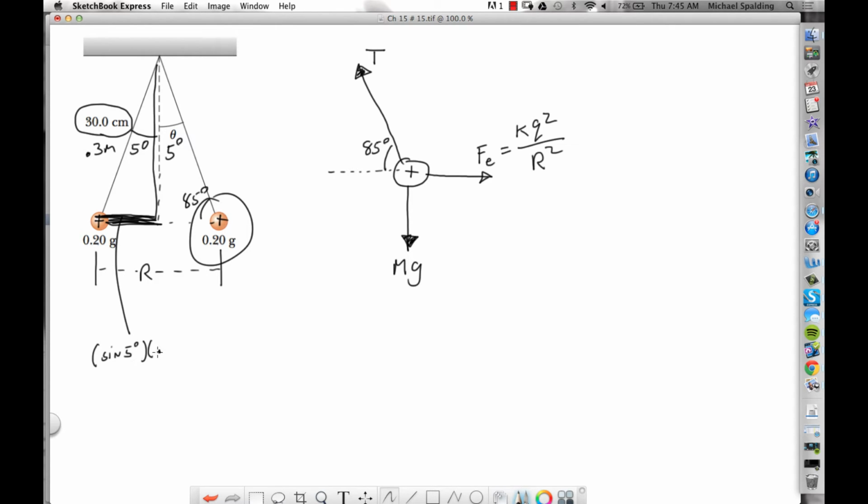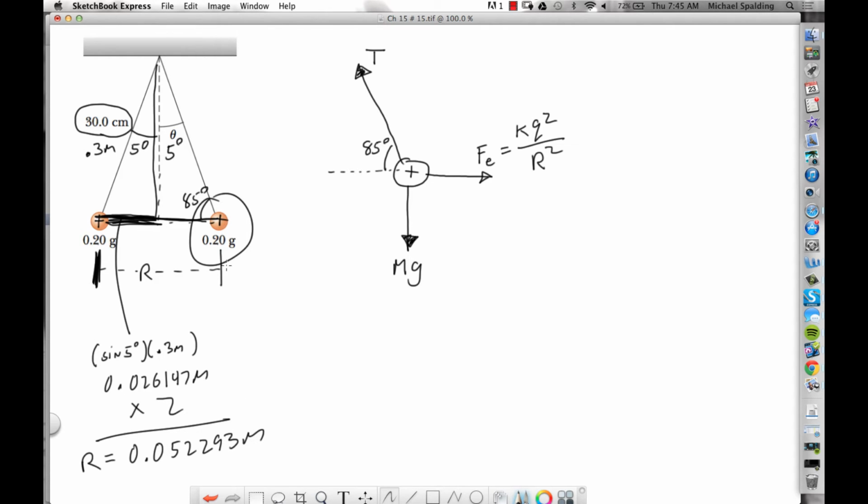So that's sine of 5 times 0.3, which gives us 0.026147 meters. And then we double it, right? Double it for this whole distance. So the r is going to be 0.052293. That's the total distance from there to there. Just trig. Easy enough?